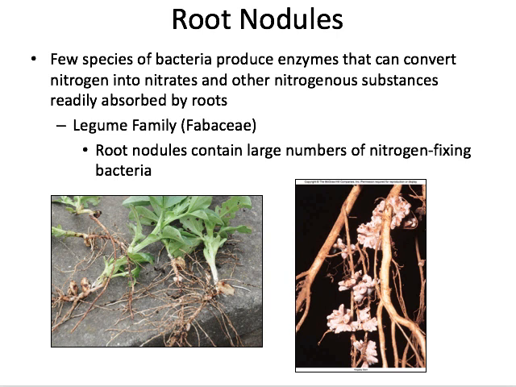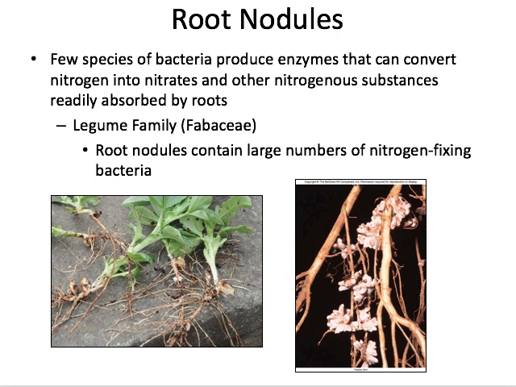Root nodules is different. This is where the plants have bacterial colonies living on their roots. The bacteria do the job of producing enzymes that convert nitrogen into nitrates, and these nitrates can then be used by plants to do their metabolism. Now, without these nodules, much of the nitrogen in the atmosphere would be lost to plants.